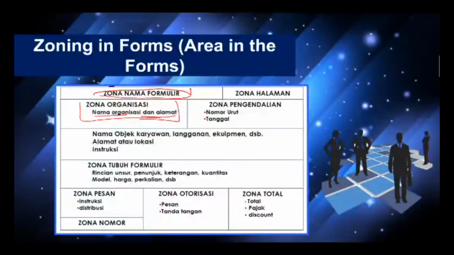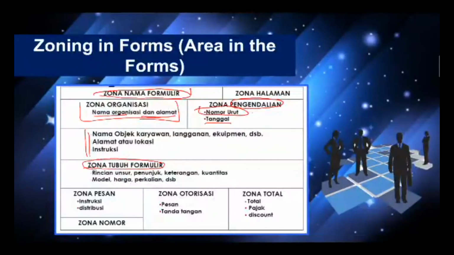And then this is for the controlling, like there is a number printed on this invoice, and then the date of the invoice, and who is filling out the form. And then there's the zone for the content of the form.